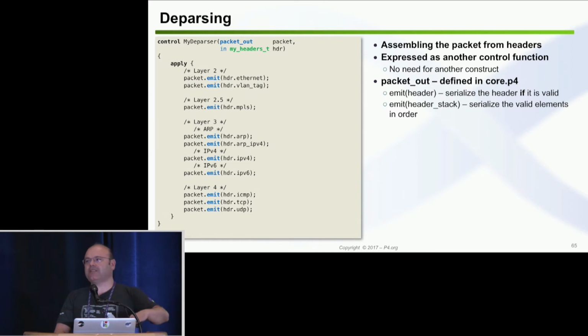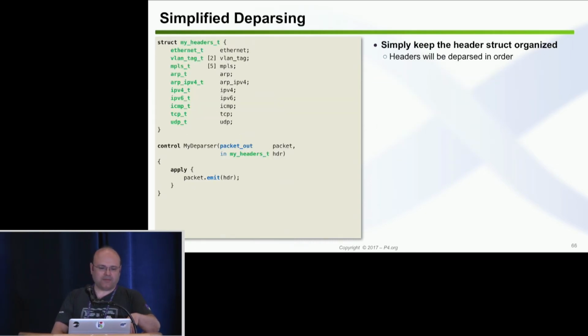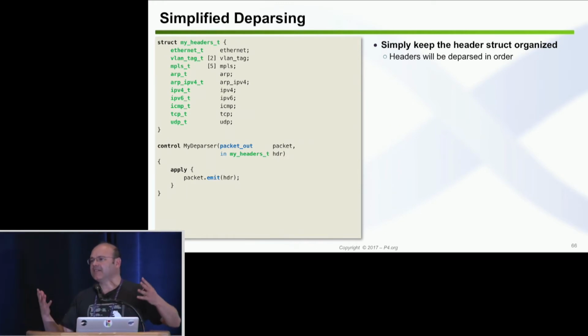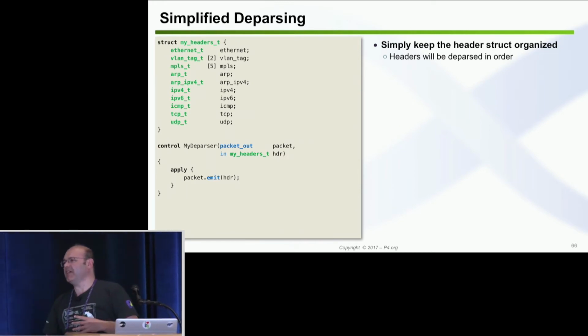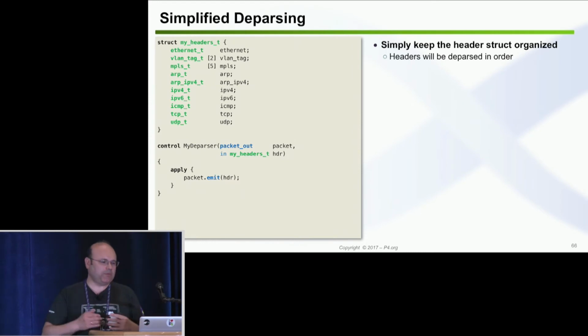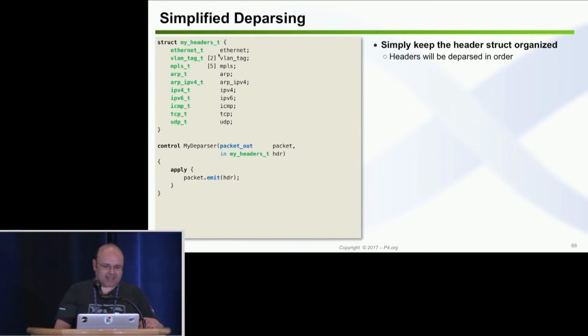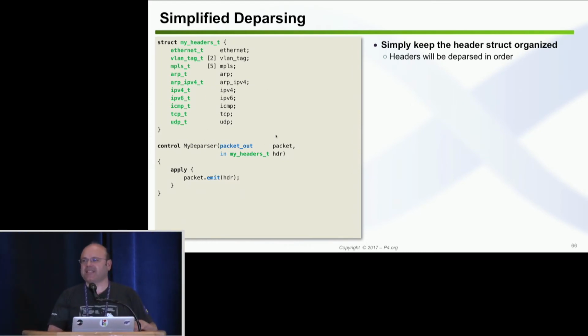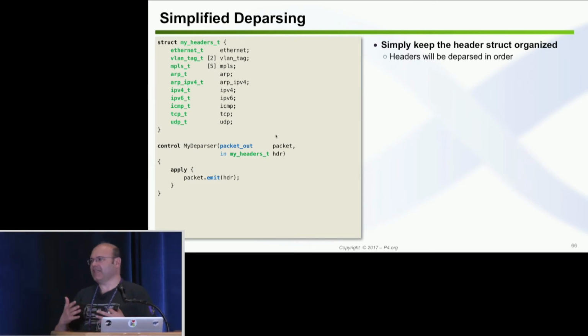If you imagine that those headers were in your myHeader struct exactly in that order, all you need to do is say packet emit header. And whichever headers are valid inside that struct will be emitted in exactly the order that they were defined. So a deparser might have very, very short code.